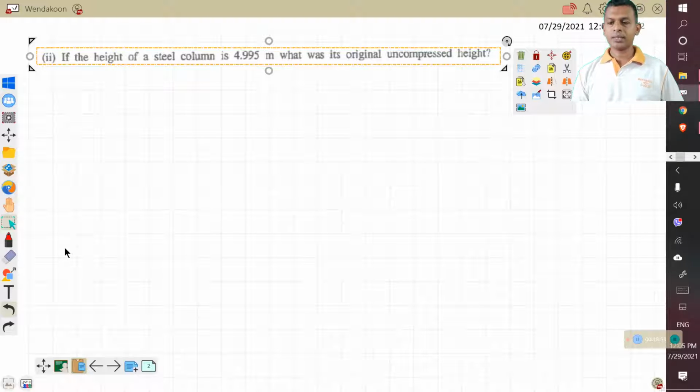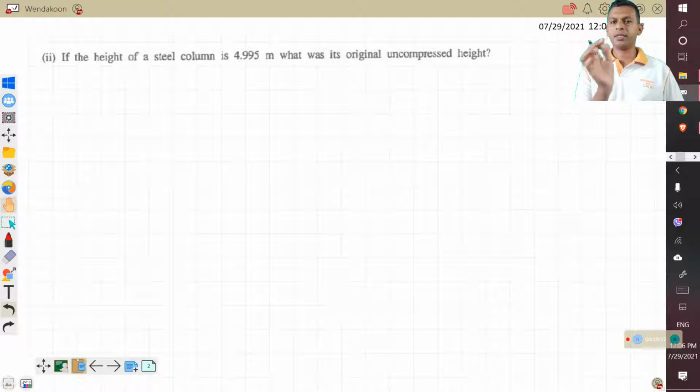Okay, now you can consider the strain for this problem. Strain is the change of length divided by initial length.